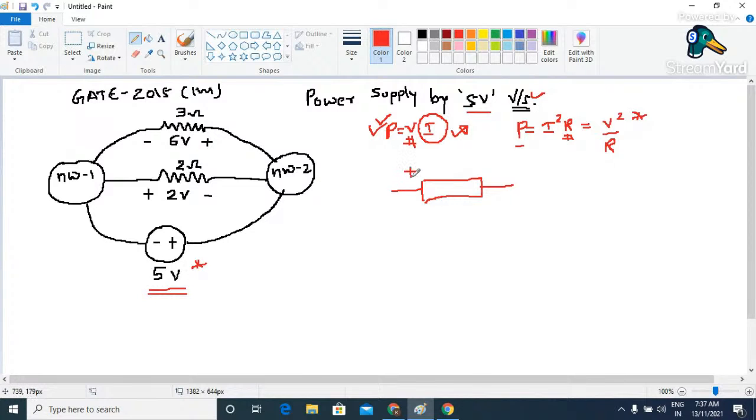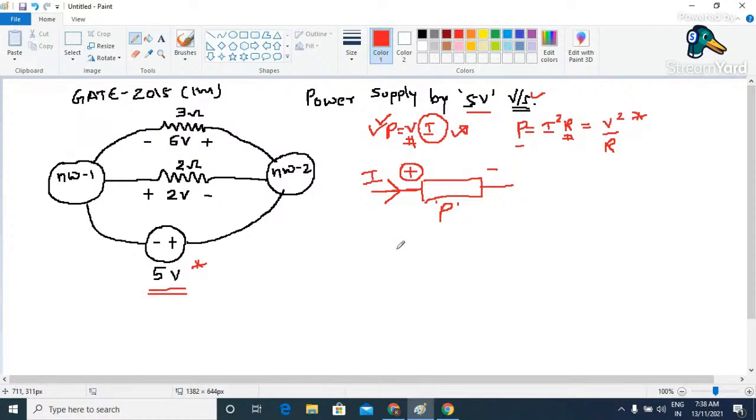For example, if this is plus and this is minus, and we just want to find out whether this particular element is active or passive, just pay keen attention to the direction of current flowing through this element. If a current is entering that element through a positive polarity, then this particular element we are going to treat as a passive element. Very, very important, because passive elements never supply current or never supply energy. That's why current is always going to enter through a positive terminal.